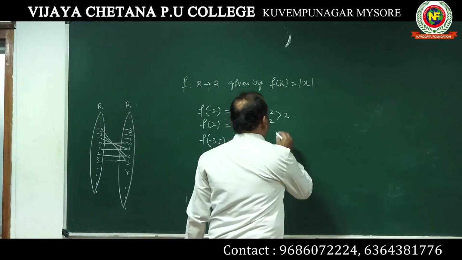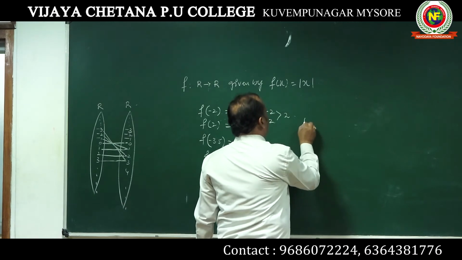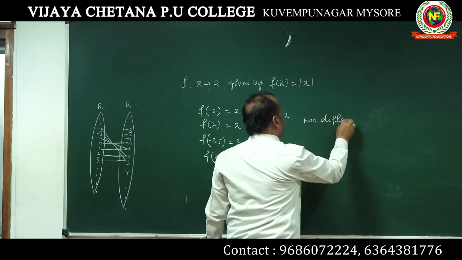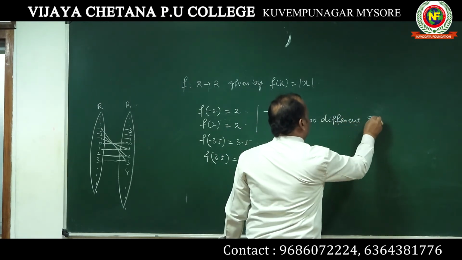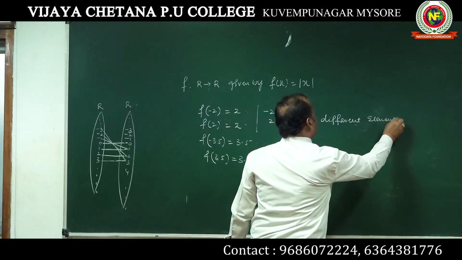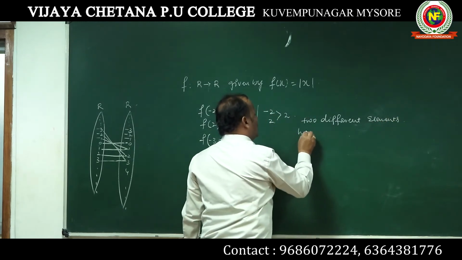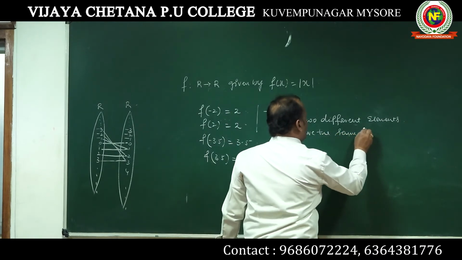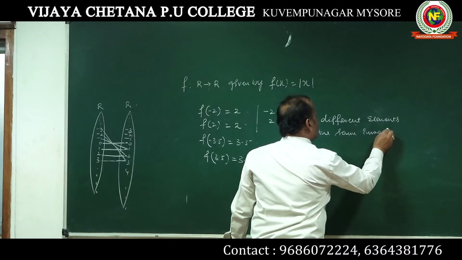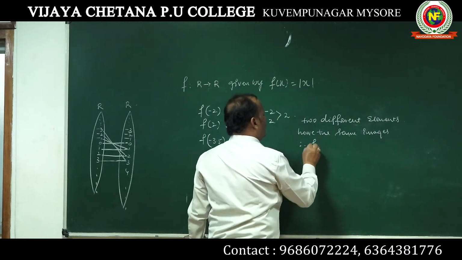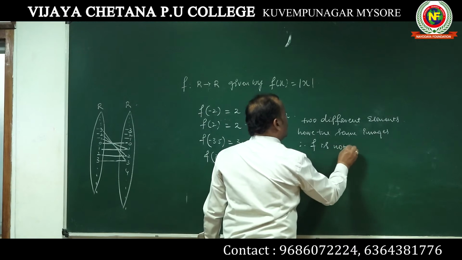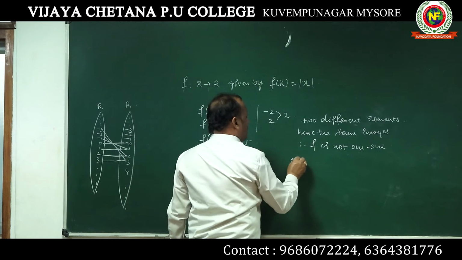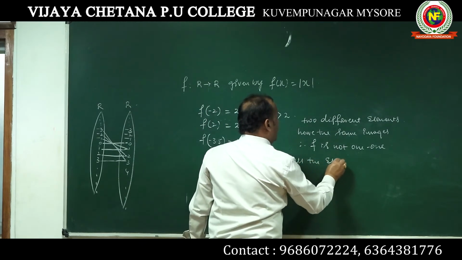Now here, I write: two different elements have the same image. Therefore, f is not one-one.